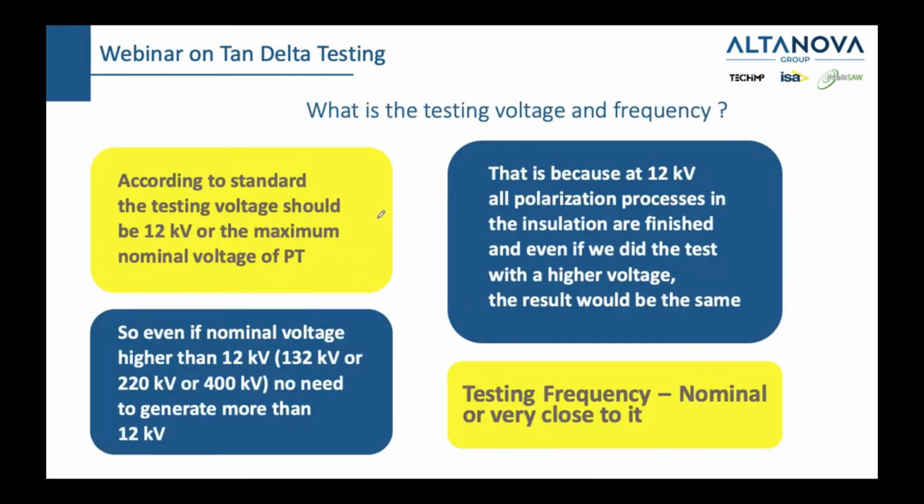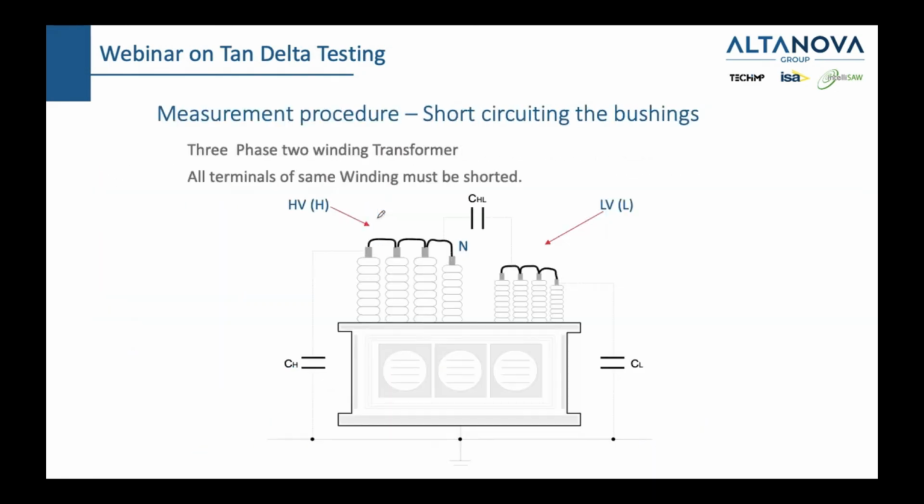Why is this good? When you do a tan delta measurement, you don't just get one number. You get a minimum of 3 numbers. Maybe all of them are okay, but maybe CHL is good and CH is good, but CL is bad, which means the insulation between the low voltage and the ground is not good.